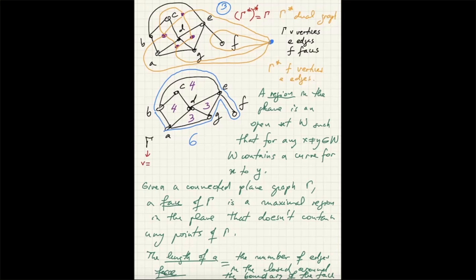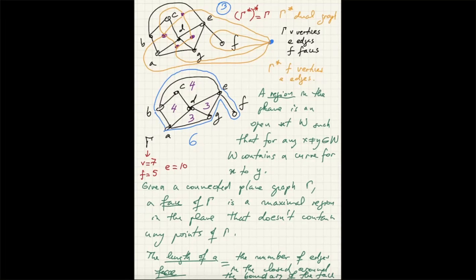A, B, C, and so on. I think we have 7 vertices. The number of faces is 5, and the number of edges, we have 2 cycles there, I think it's 10.